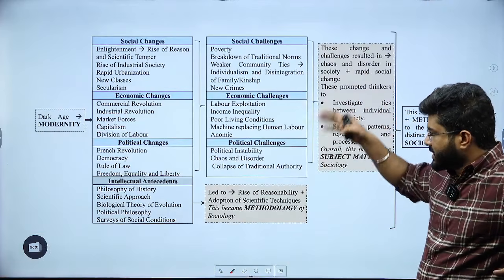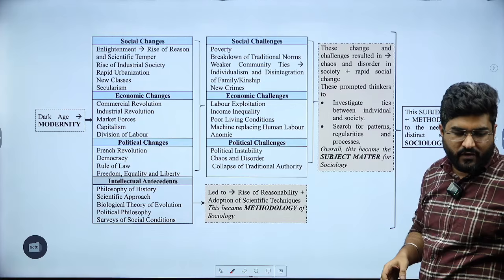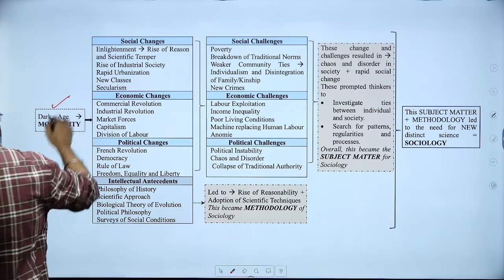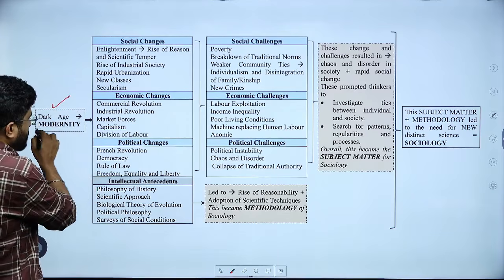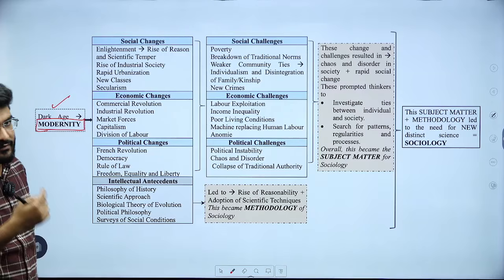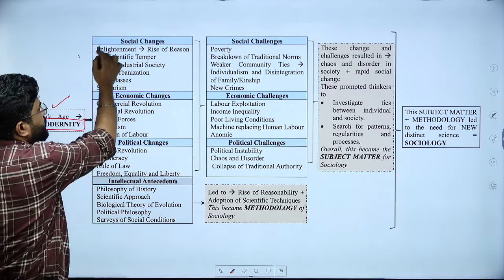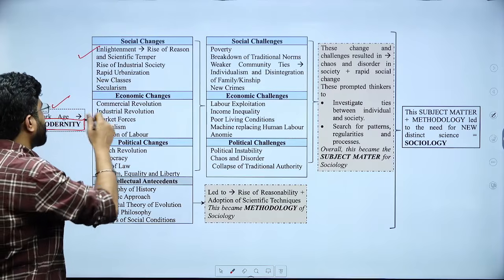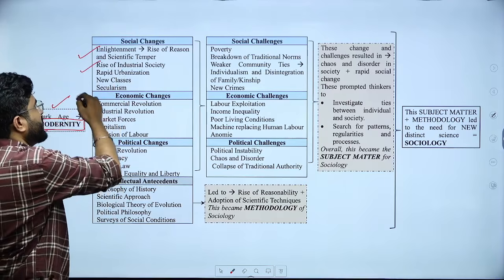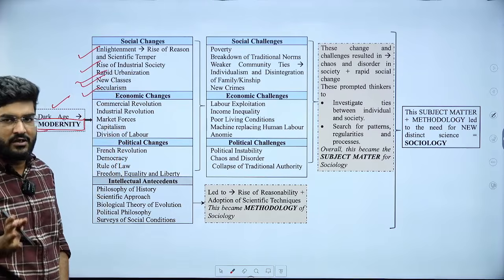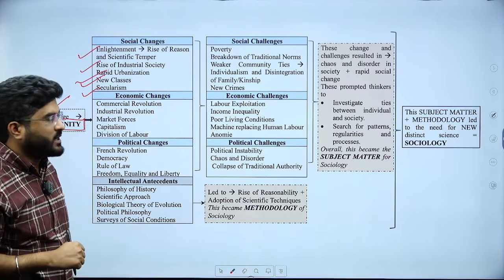Now, this larger chart highlights whatever we have talked about till now: that there was a dark age, and from the dark age we led to the rise of modernity. What were the social changes which we have seen? Enlightenment, which led to the rise of reason; scientific revolution; industrial society, which led to the further rise of rapid urbanization and new classes, and the decreasing role of religion was supported by the rise of secularism.